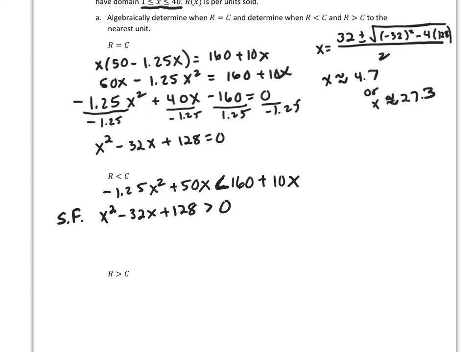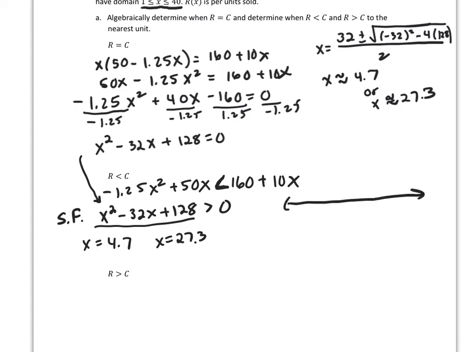Now I skipped several steps to go from that first line to the second line. Now, if we find our critical numbers, we set this equal to 0, and we've already done that in the part above, and that was x equals 4.7 and x equals 27.3. So the next thing you do is you take your critical numbers and put them on the number line.